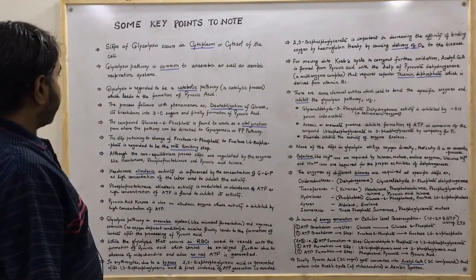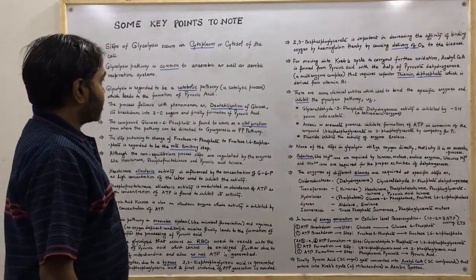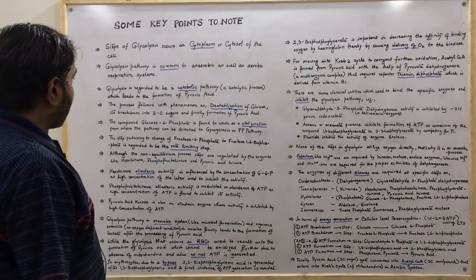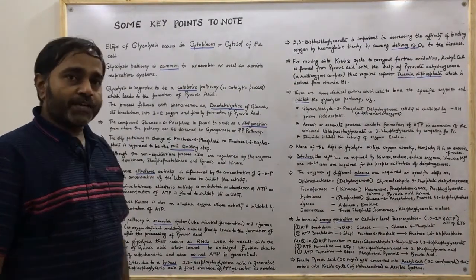Now what is the next point? The process follows a phenomenon of destabilization of glucose, its breakdown into 3 carbon sugars, and finally formation of pyruvic acid.